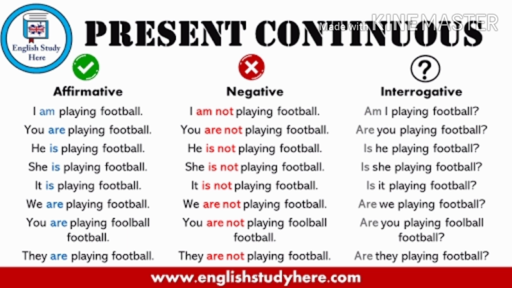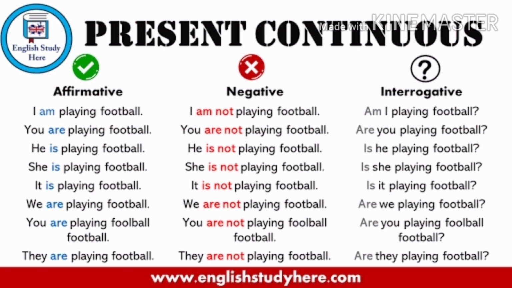This tense is also used for an action that is not happening at the time of speaking but is in progress. Okay, we have to make a note. This tense, present continuous tense, is also used for such actions or activities which may not be happening at the time of speaking but are in progress.